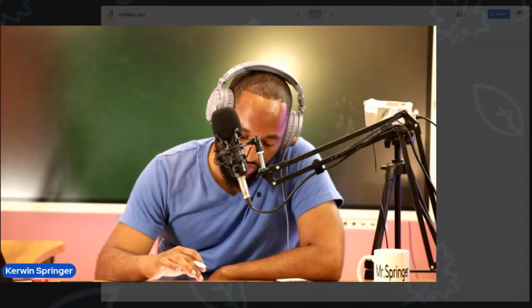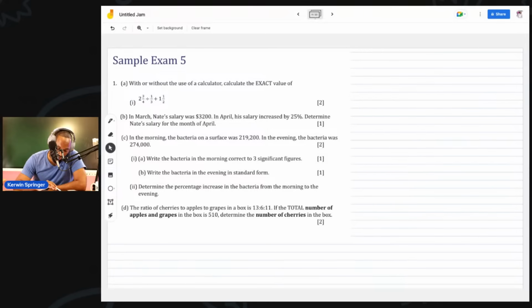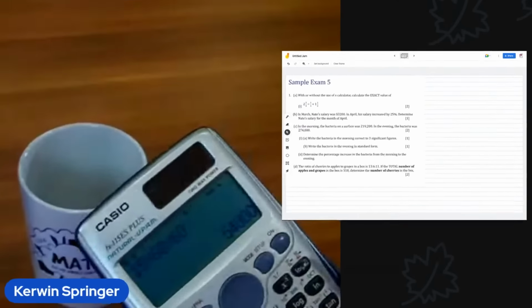Without the use of a calculator, calculate the exact value of 2 3/4 divided by 1 1/3 plus 1 1/2. I'm fed up of this, boy. All right, can't get fed up. Revising is invigorating me. I can do a million of these. I love this.